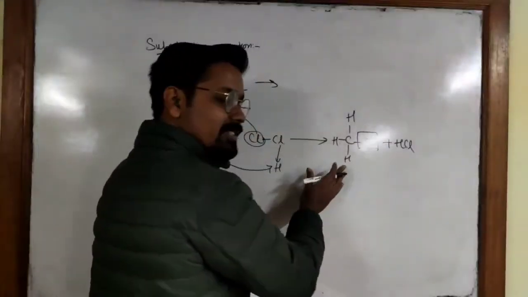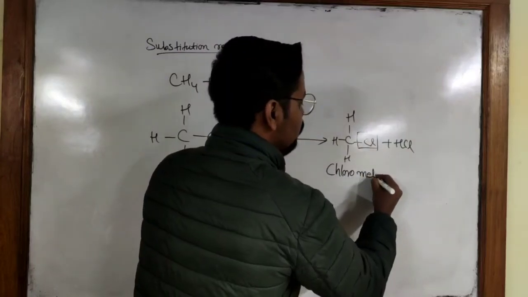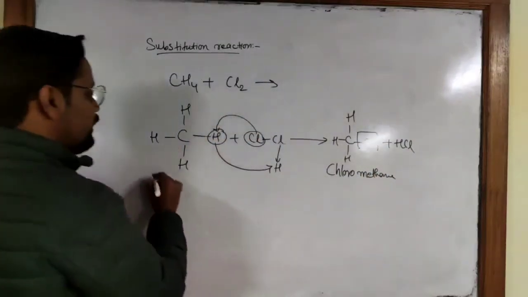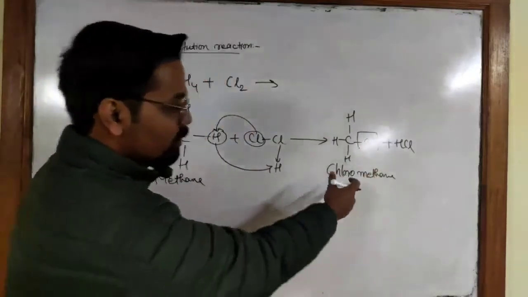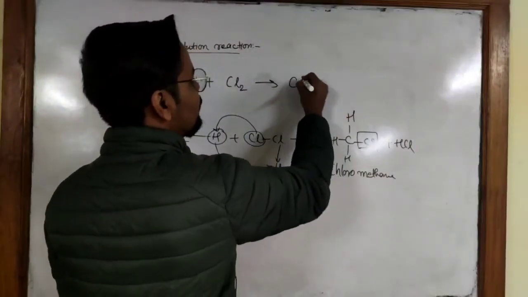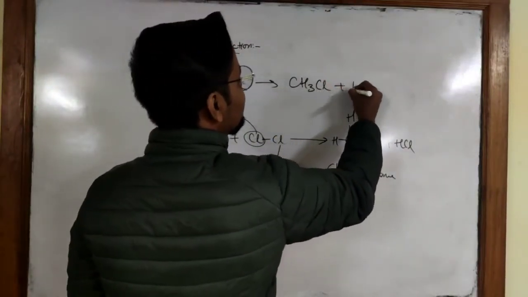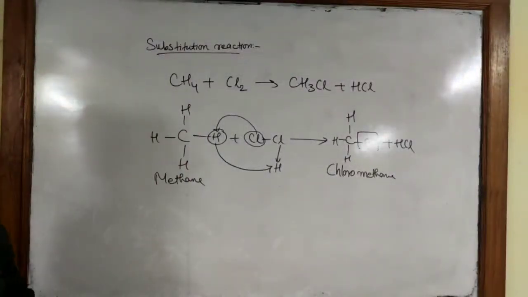So the halogen functional group gives the name of the compound chloromethane. Originally it was only methane. We have added a halogen to it, making it chloromethane. So this can be written as CH3Cl plus HCl. That is how we do a substitution reaction.